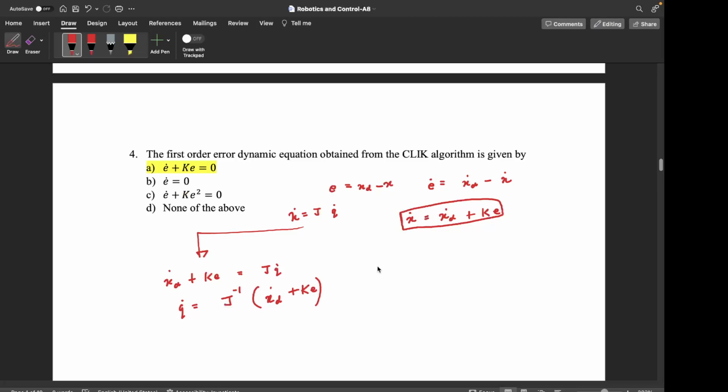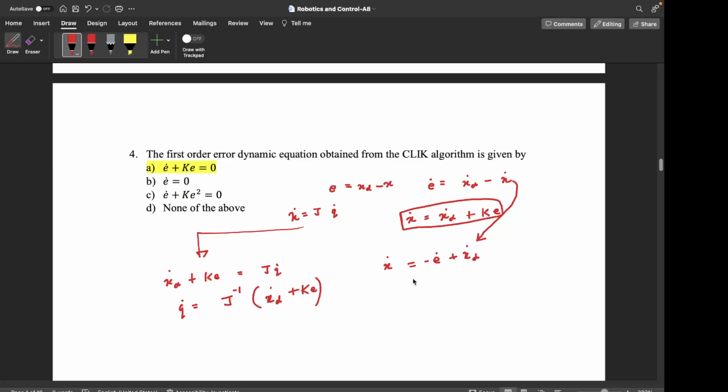And if you write x dot from this equation, we write x dot is equal to minus e dot plus xd dot, right?